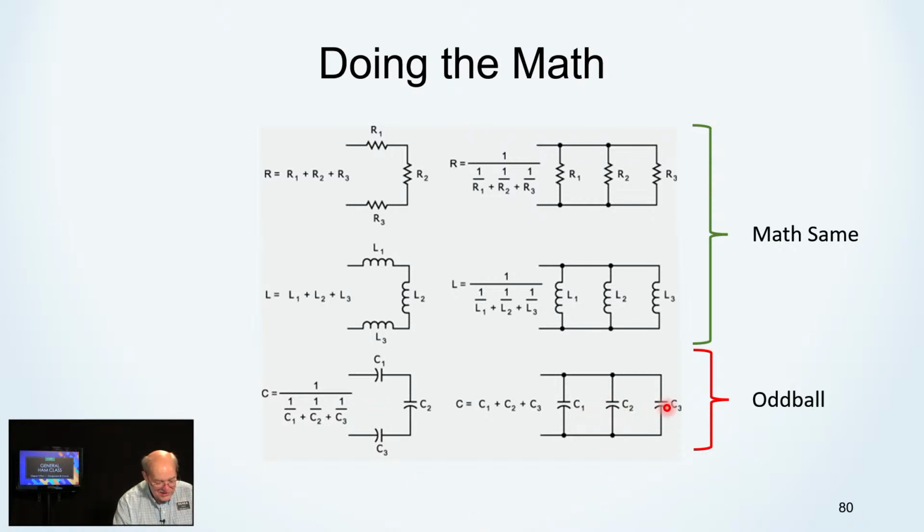Dave Kessler said that he likes to think of this as just extending the plates of this capacitor. So as the plates become bigger and bigger, the capacitance would increase. That's one way to do it. I like to think of the capacitor case like batteries. If you've got batteries that you put in parallel, that'll increase the total capacity of the battery. So the formula is the same, it's just reversed from these two.